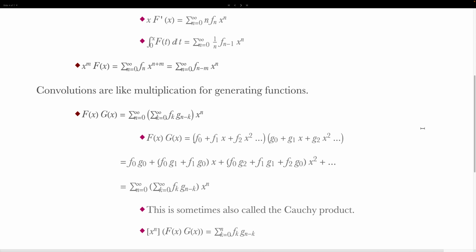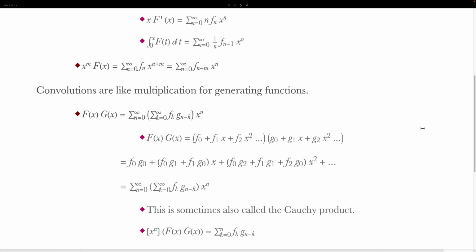This would then leave us with f sub 0 times g sub 0 plus f sub 0 times g sub 1 plus f sub 1 times g sub 0, times x, plus f sub 0 times g sub 2 plus f sub 1 times g sub 1 plus f sub 2 times g sub 0, all multiplied by x squared, and so on and so forth.